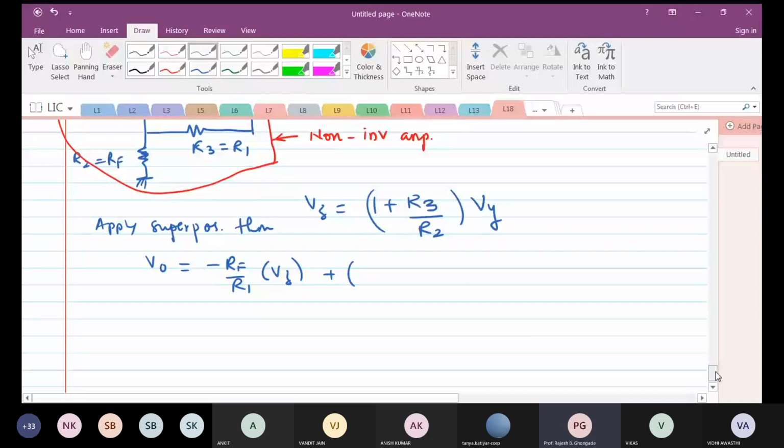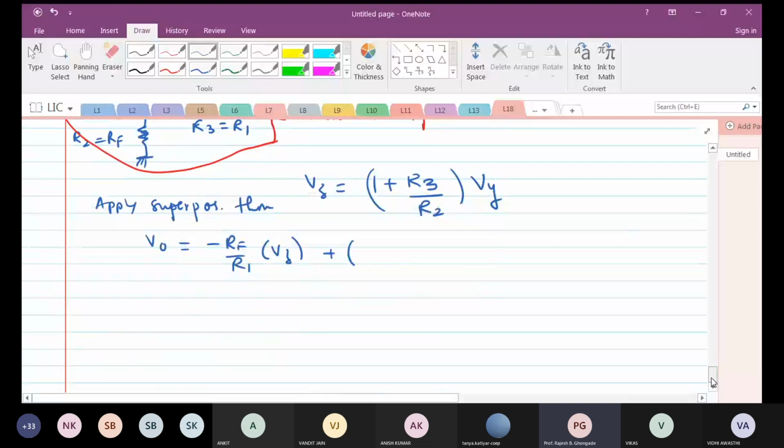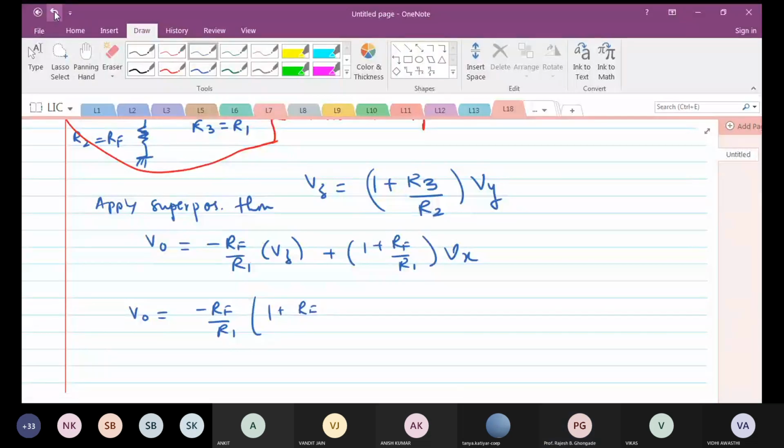plus, for Vx it is going to be a non-inverting amplifier, so this is going to be (1 plus RF by R1) into Vx. So finally I'm going to get Vo equal to minus RF by R1 into Vz, plus (1 plus RF by R1) into Vx, where Vz is (1 plus R3 by R2) into Vy.